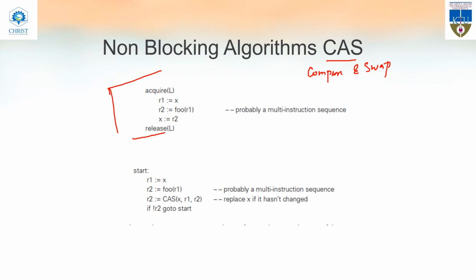Here the value of x needs to be changed, where x is the resource. If the lock is acquired, the previous value of x is copied to r1, and a function will be executed. The resultant value will be copied to r2, and the value of r2 is copied to x. So x will have the new value.